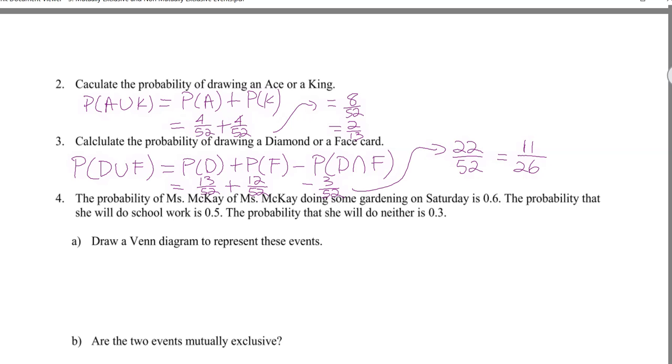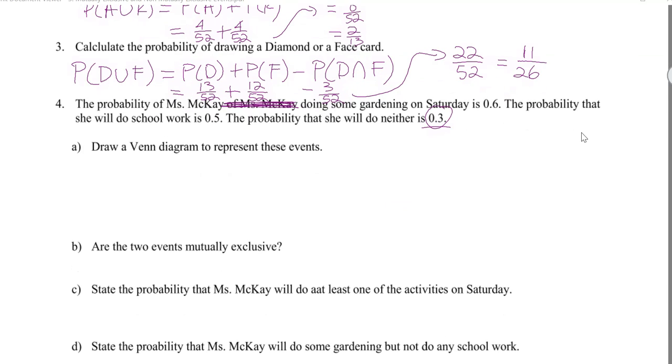So decimals or percents. All right, probability of Ms. McKay. All right, so draw a Venn diagram. In this case, we really want to draw a Venn diagram because we get this 0.6 and 0.5, which already adds up to more than 1. So we know that what is in the Venn diagram must add up to 1.